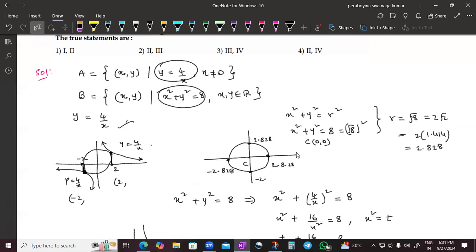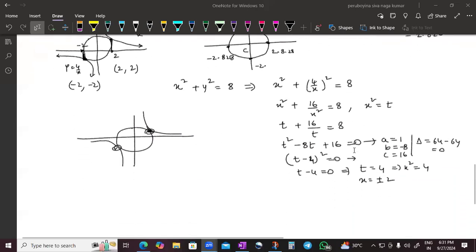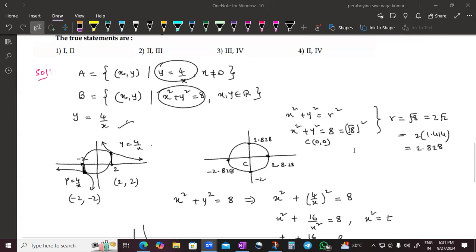If x is plus 2, then y value is 2. If x is minus 2, y value is minus 2. Those are the 2 points we will get.